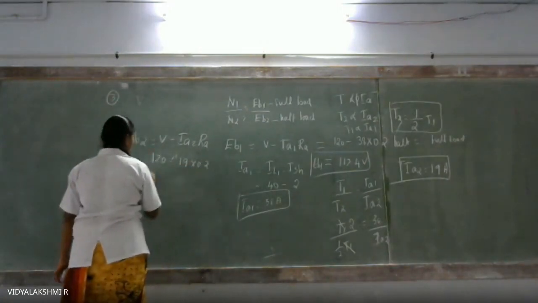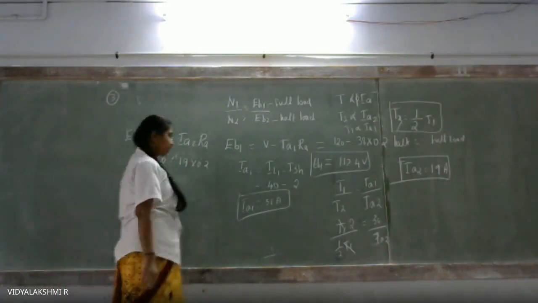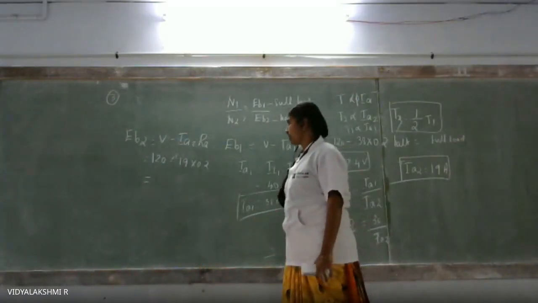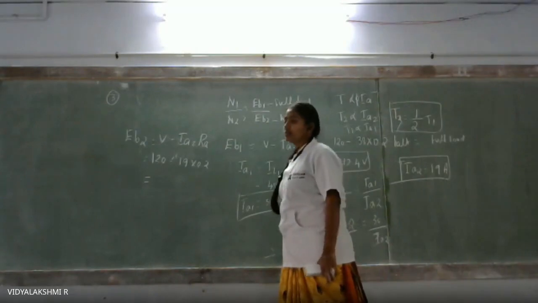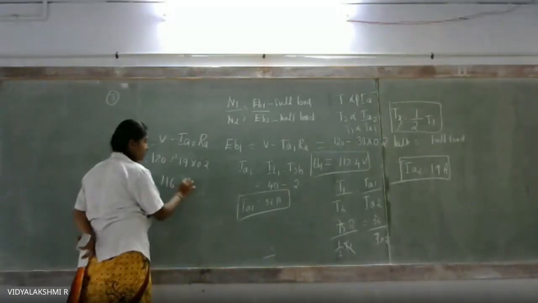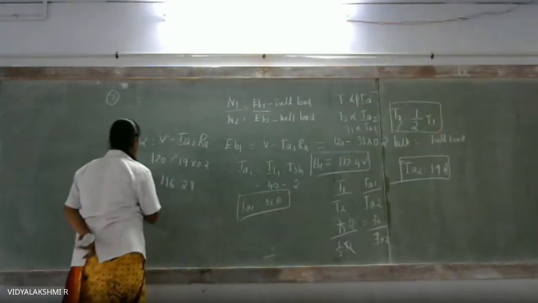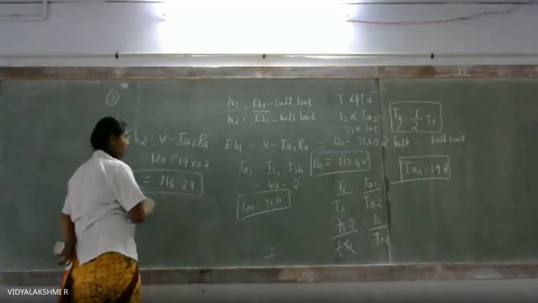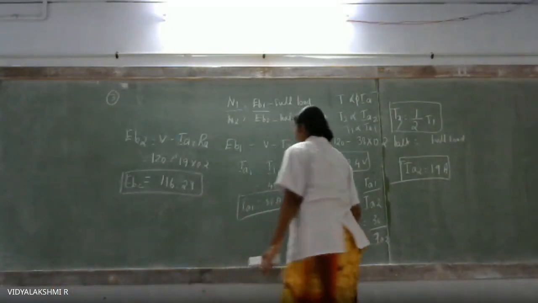So now say what is the value of EB2 you are getting? 116.2. So this is my EB2, 116.2 volt. So what is the next step?